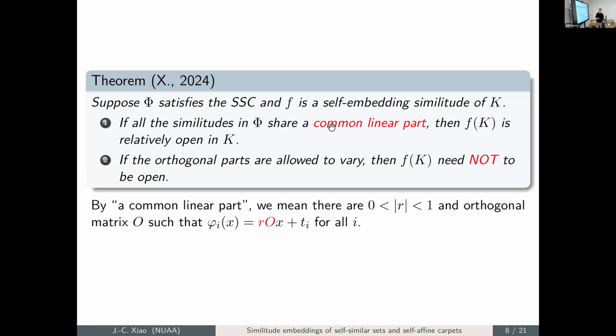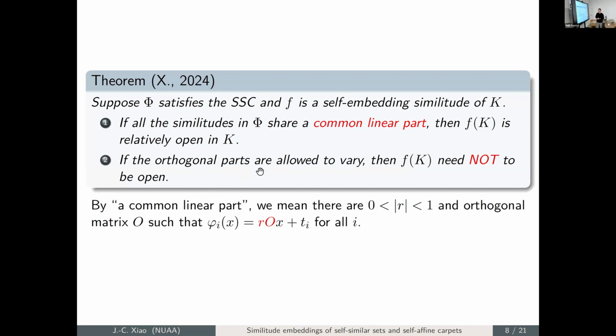If you allow the orthogonal parts to vary, the contraction ratio can still be the same, but then the embedded image need not be a finite union of cells of K.